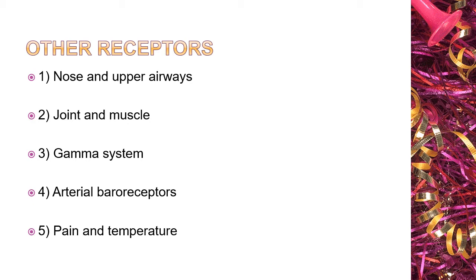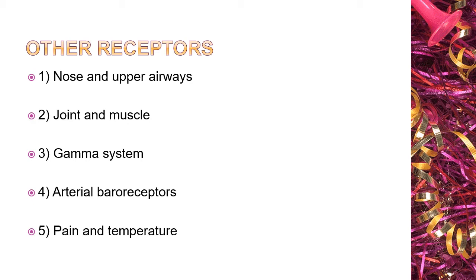And then we have joint and muscle, which is particularly important if there is a lot of movement involved, and this also affects breathing. For example, if we're doing exercise or whatnot, this can also affect our breathing.